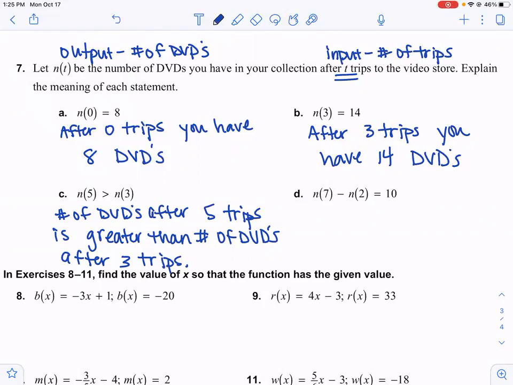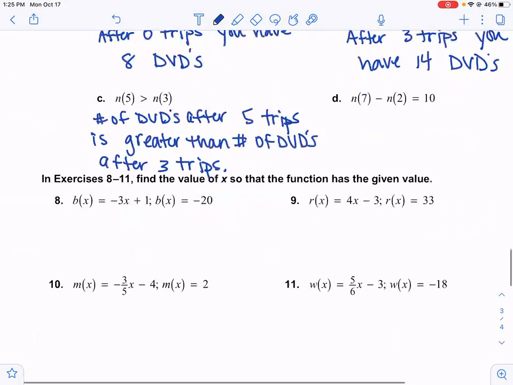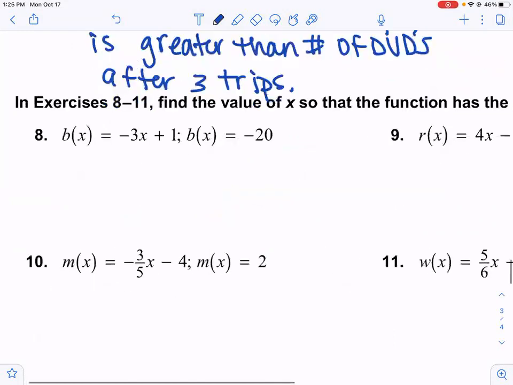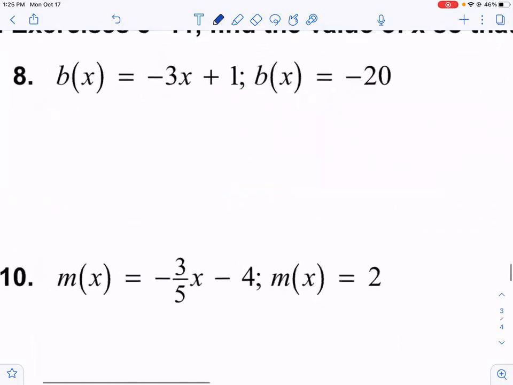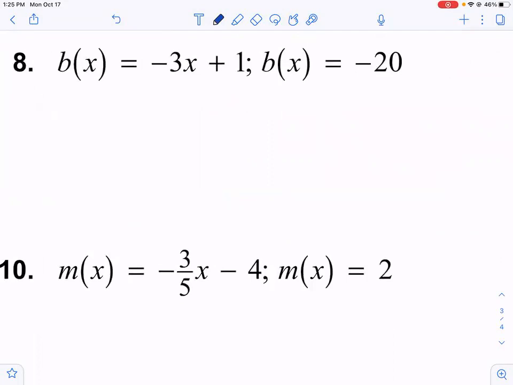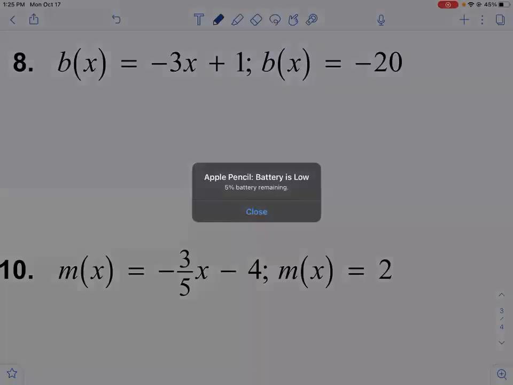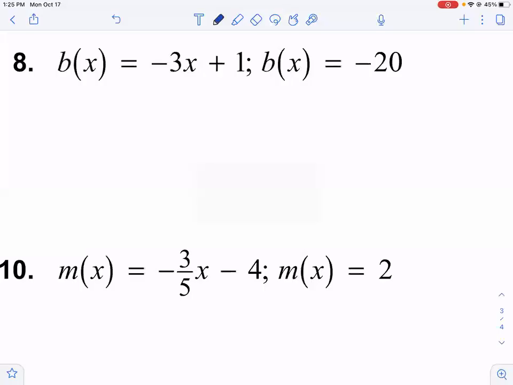I want you to look at number 8. Number 8 is giving us the function -3x plus 1. And I'm telling you that one of the outputs is -20. I want to know what the input is. So when I say b of x equals -20, this is an output.